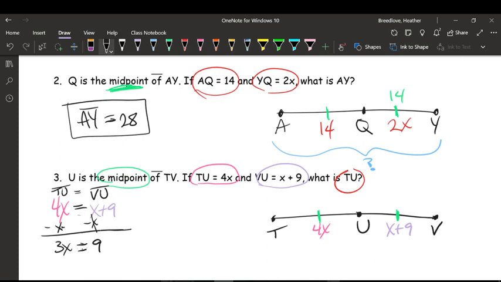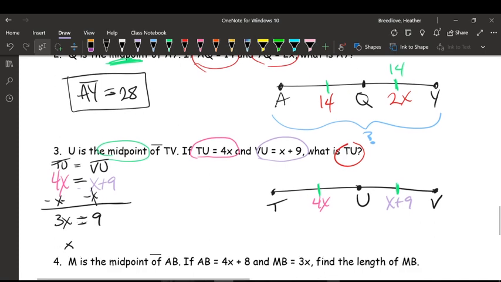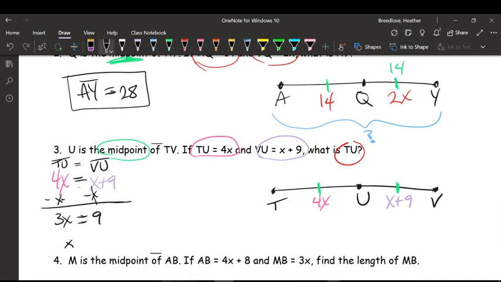If 3x equals 9, what is x? 3. Because you divide by 3 to get x by itself, and 9 divided by 3 is 3. I'm not finished, so I'm not going to box the x as 3.